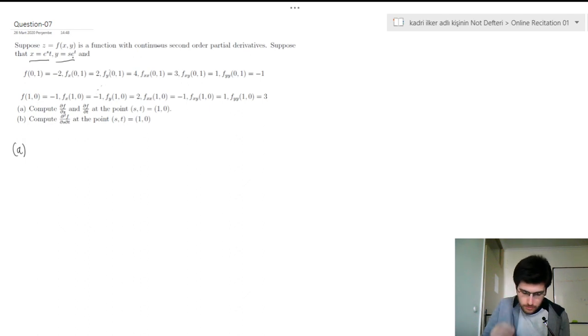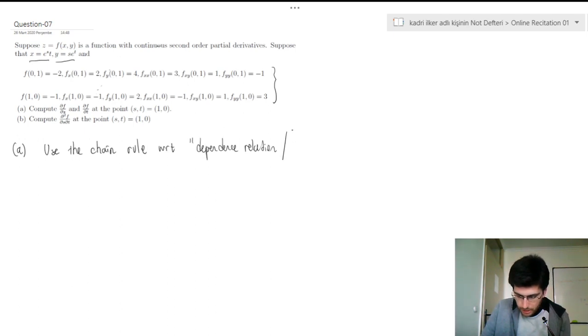We have a bunch of data, which means that we are going to use them somehow while computing a and b. The idea is just to use the chain rule with respect to the so-called dependence relation, or if you like, the chain.